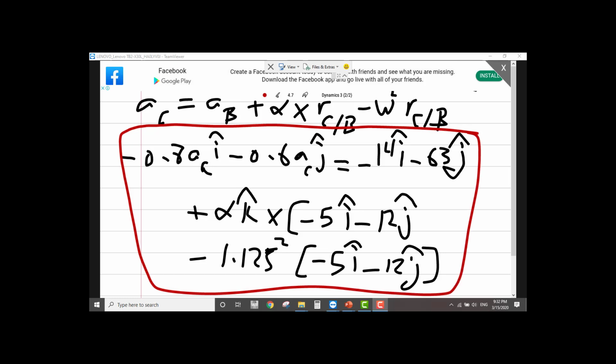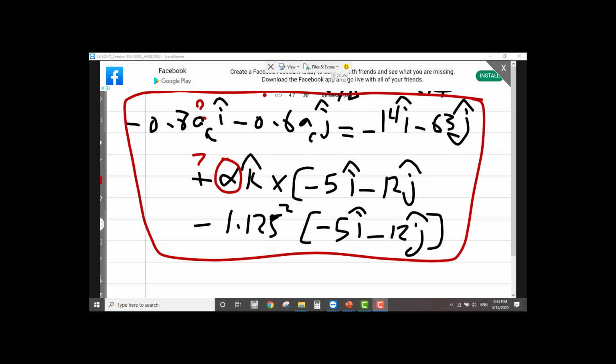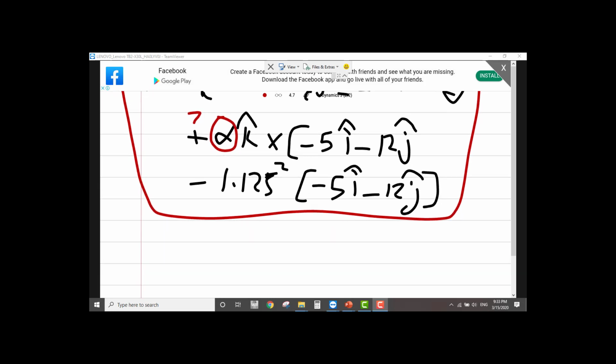How many unknowns do we have? We have two unknowns: AC, as mentioned here and there, and alpha is another unknown. So with the i and j equations and two unknowns, we can solve them. I leave the solution for you as practice, and we'll discuss it if you have any trouble later on.